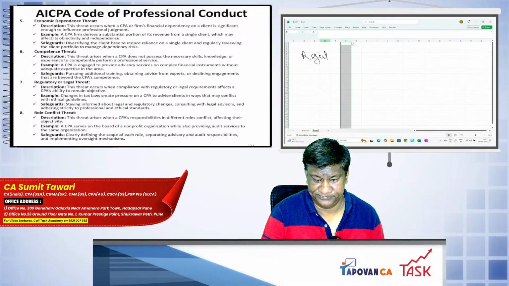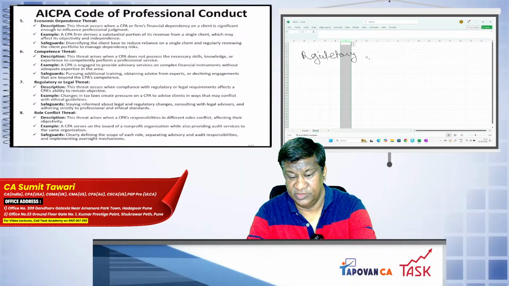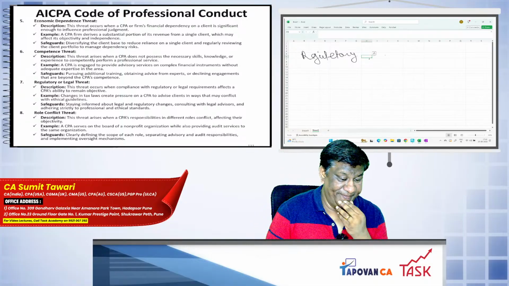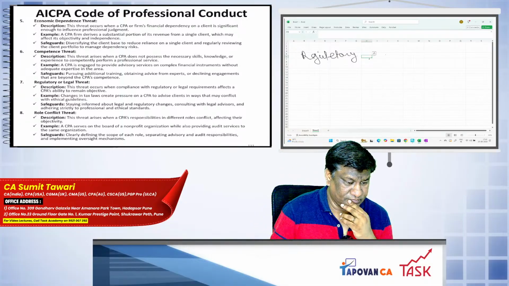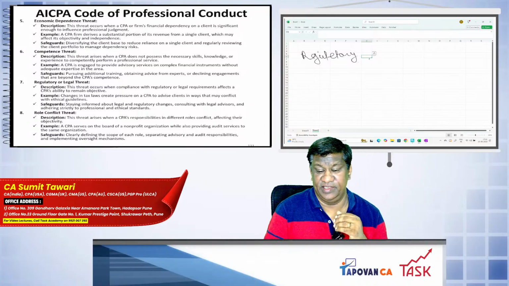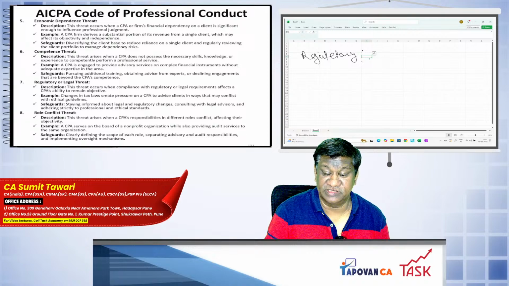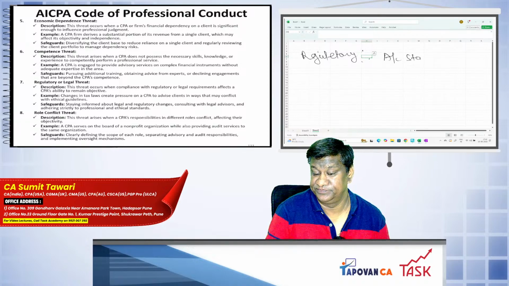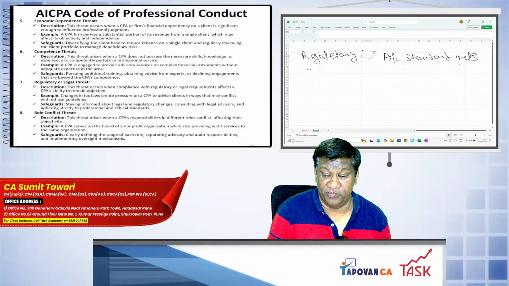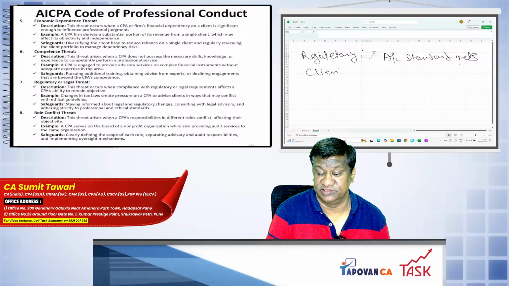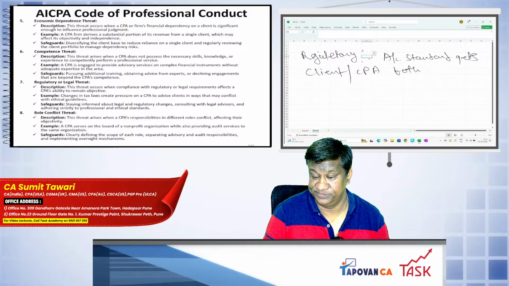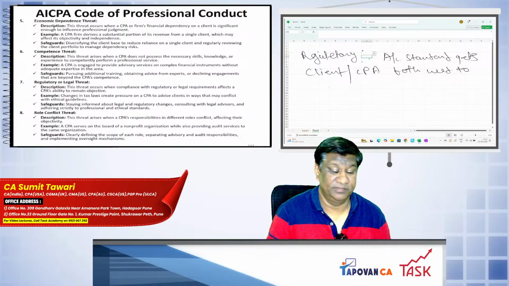Okay, so it is not like this. See, what happens if some accounting standard gets changed? Client and CPA both need to change their work strategy. To avoid that, they may go with the old provision.